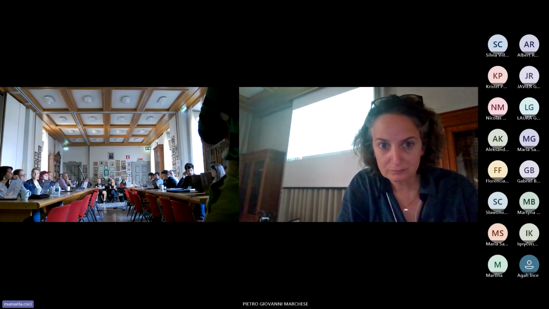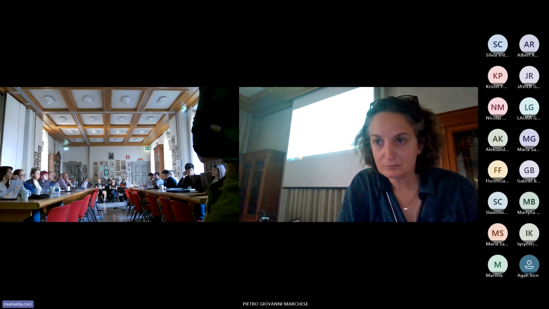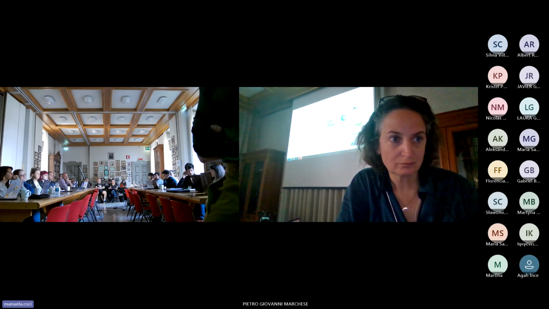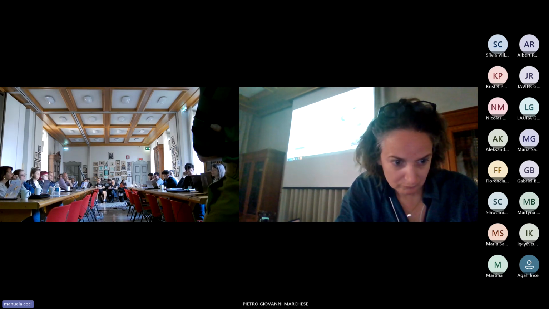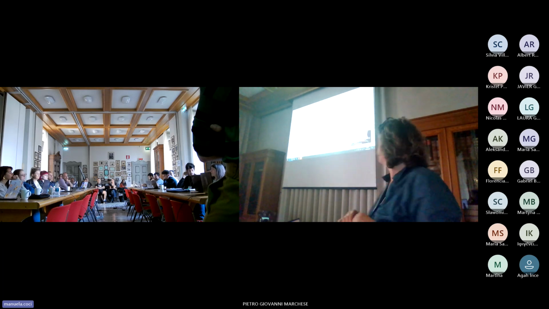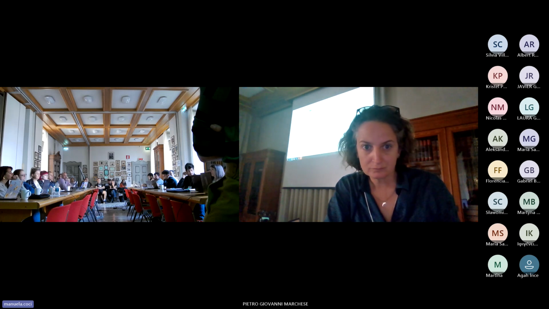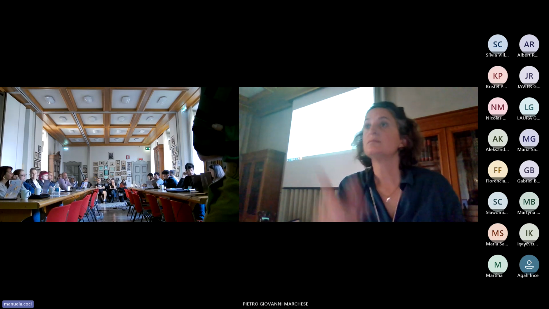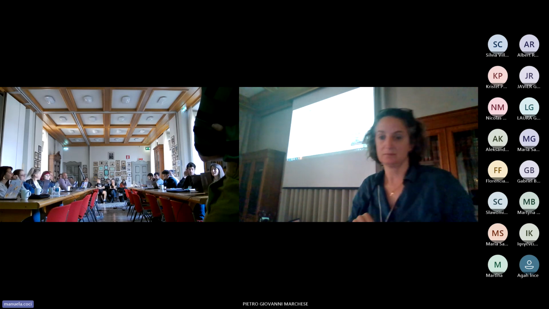So they have a filter, they have the spores, and they are using the microscope coupled with the laser. So under the microscope, they find the spore of the species they want the DNA from. With the laser, they cut around and they have the single spore in a small tube, and then from there they go for sequencing. And they have had some success on this, but it really depends, I guess, on the species. And for now, they have used this mostly for DNA barcoding.